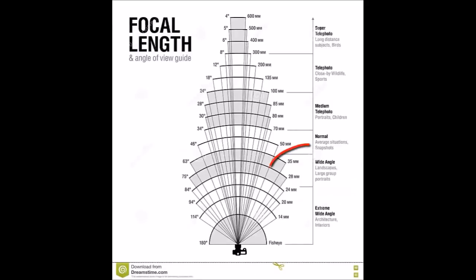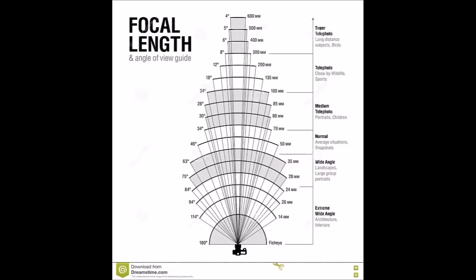A wide-angle lens of about 25 millimeters will give you a field of view with an angle of 90 degrees. So, of course, when we do this, we get a distorted or bent horizon.